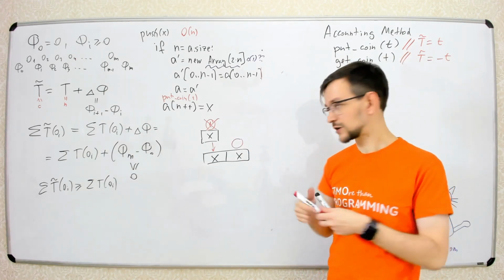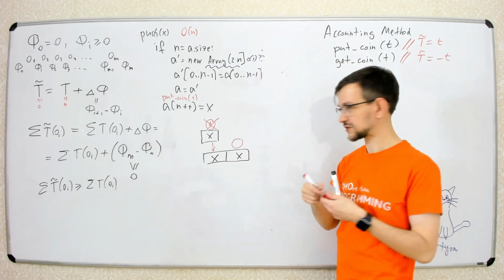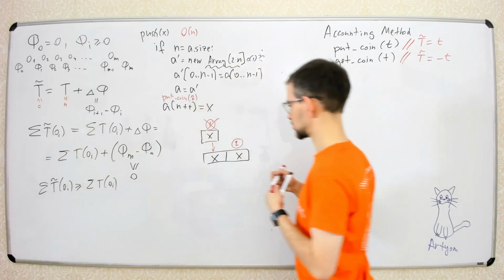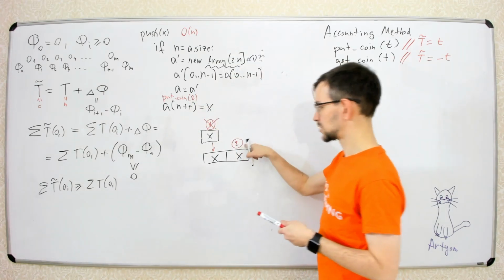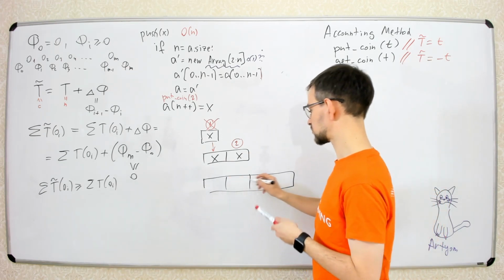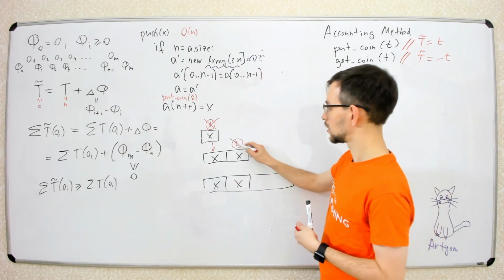Now it's a little bit more tricky. So we need to use this coin to copy these two elements. So we will put a coin of size 2. Let's just always put a coin of size 2, just for simplicity. So we use this coin and copy these two elements to this new array of size 4. Again, we use this coin.